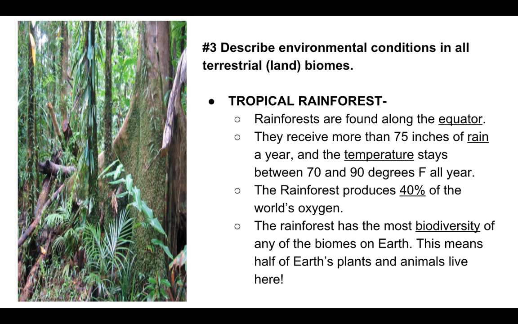This means half of the Earth's plants and animals live here. So think about what are the major characteristics, the temperature, the climate over a long period of time, the amount of rain, what plants and animals might be unique there, live there.